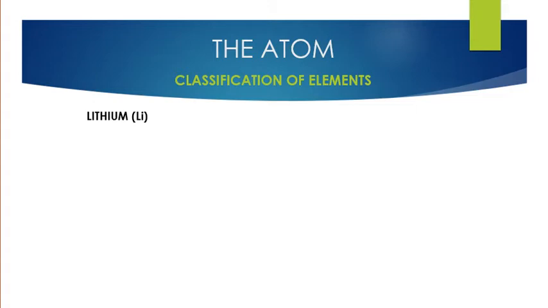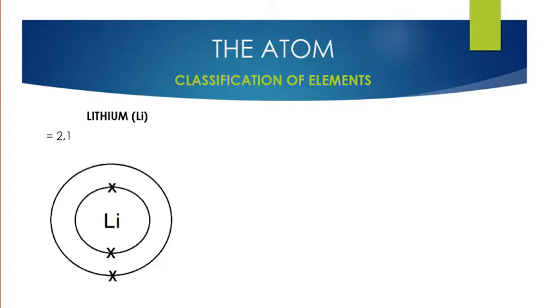Yes. So lithium in its elemental state will have the electronic configuration of 2, 1. You agree with me on that point, right? Yes. And so if we draw its electronic configuration, it will look like this. 2 electrons in the first shell and 1 in the outermost shell.